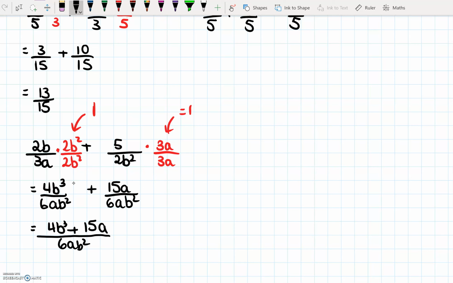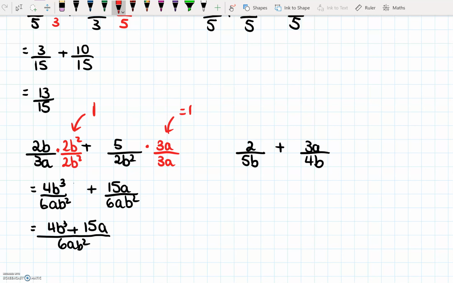It doesn't really get much harder, just that sometimes they will already have part of the lowest common denominator. So for example, maybe you get 2 over 5b plus 3a over, let's say, 4b. Now you can see in this case, both of the fractions have a b, but one's a 5b and one's a 4b.